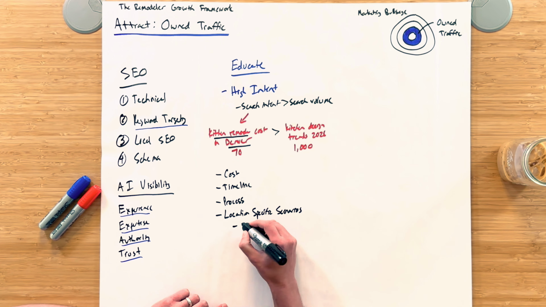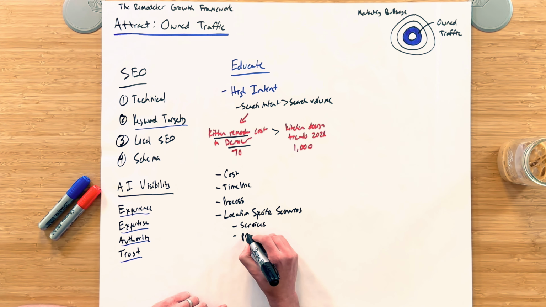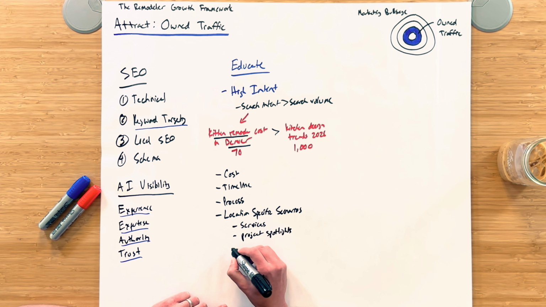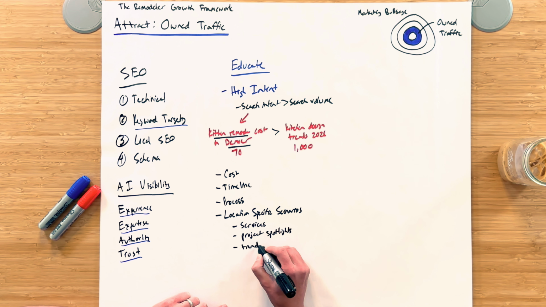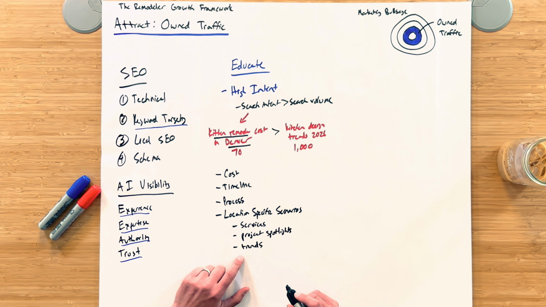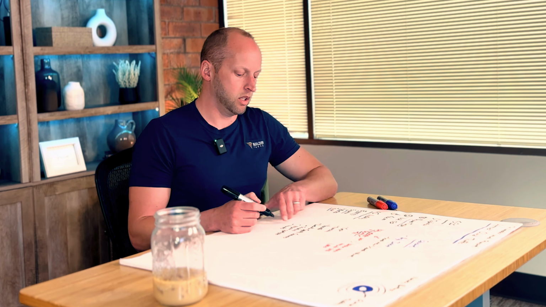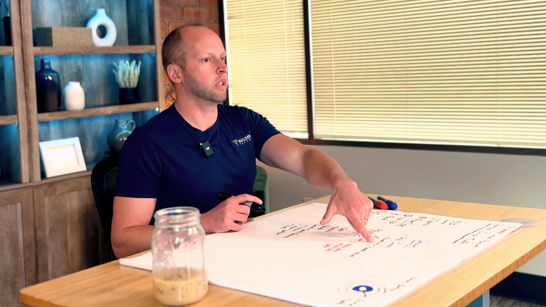We can also use, under location specific, services and project spotlights. You can include trends here, and that can be more specific, although I would still say put that lower on the totem pole because people that are searching for trends, it doesn't automatically signal intent.